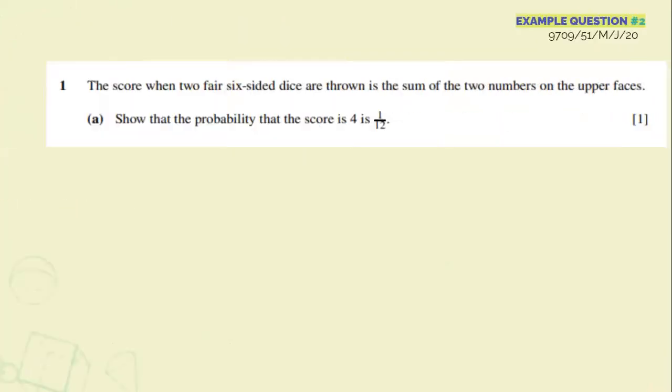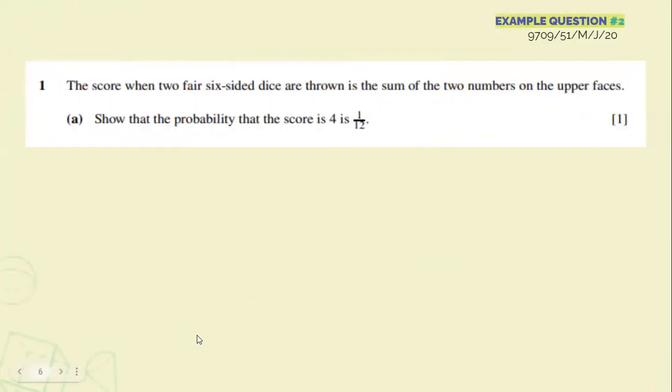Moving on, we are going to do a question from a past paper about geometric distribution. Number one, the score when two fair six-sided dice are thrown is the sum of the two numbers on the upper faces. A. Show that the probability that the score is 4 is 1 over 12. So we can get a 4 only from the sums 1 plus 3, 2 plus 2, and 3 plus 1.